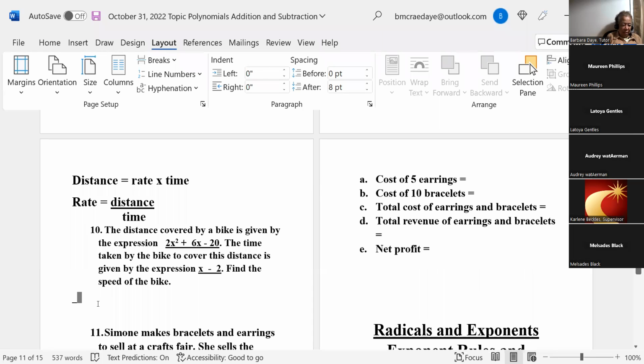So rate equals the distance, which is this expression because the problem tells you. Put the distance there, and that's divided by x minus 2.